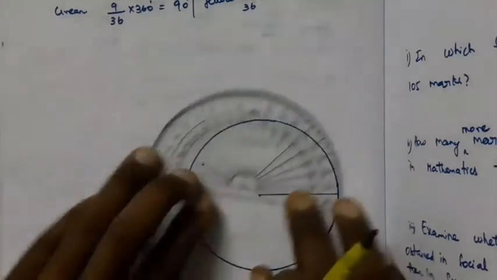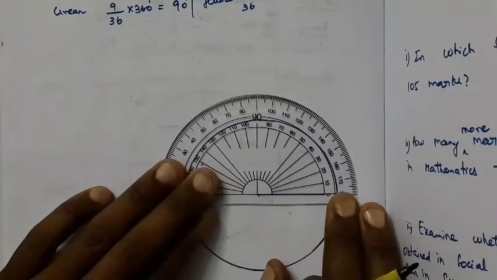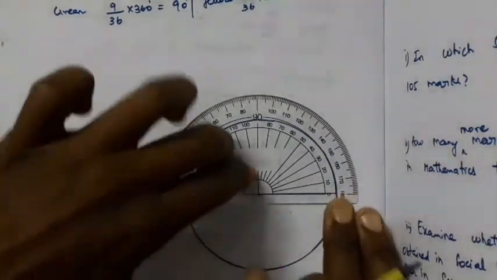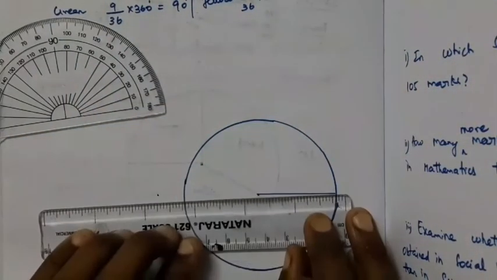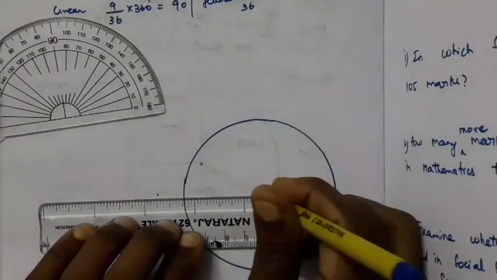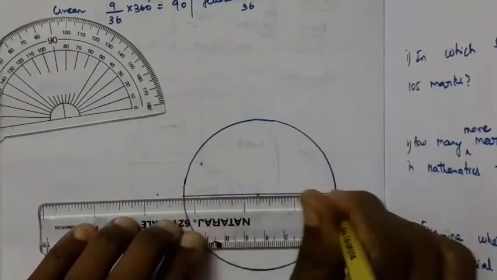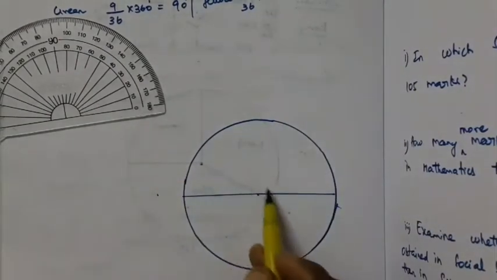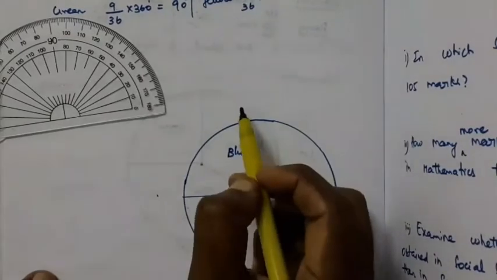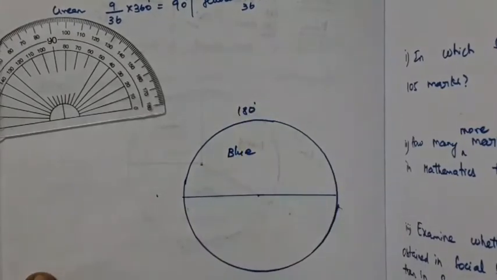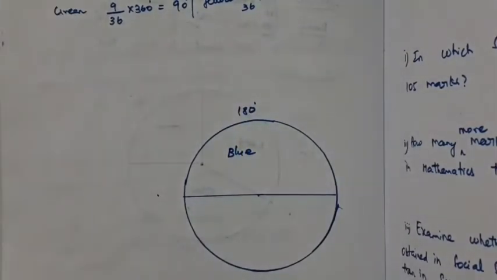Directly you can draw a line if you want to show here. If you draw a straight line, that is going to be 180. This straight line from here to here, it is 180 degree. So I will say this is blue, 180 degree.